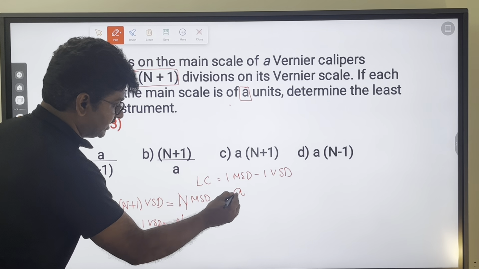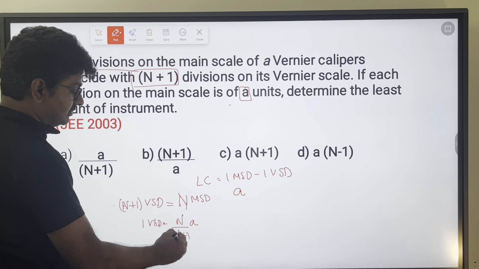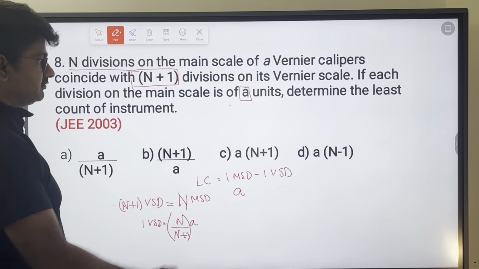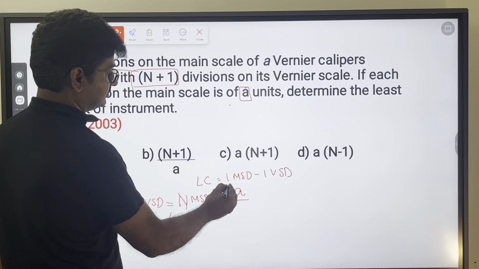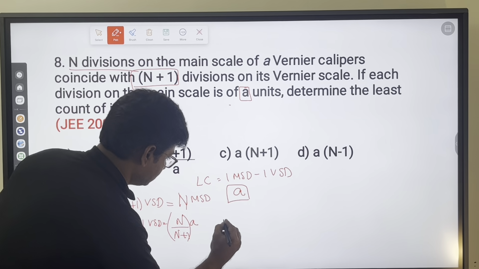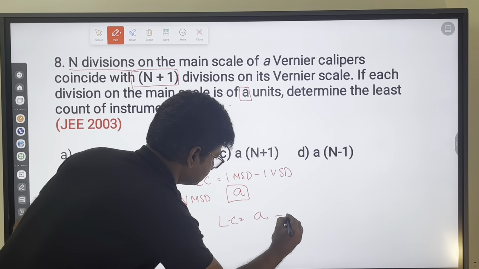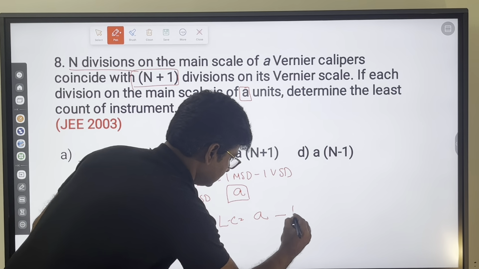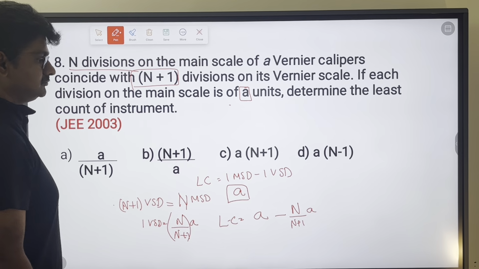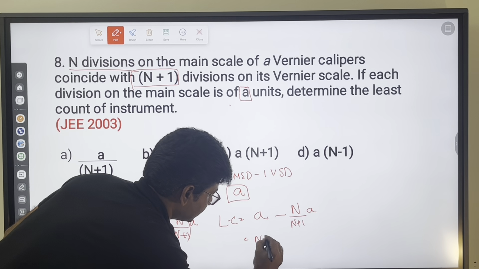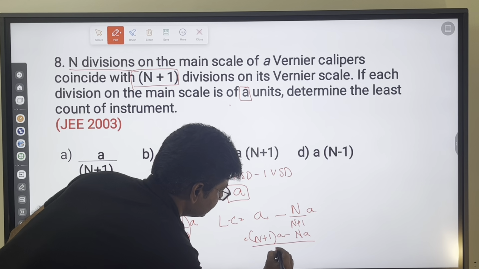What is main scale division? A units, right? So 1 VSD is equal to n by n plus 1 into A. What we need is least count. So we know what is MSD. 1 MSD is equal to A minus 1 VSD. Therefore least count is equal to A minus n by n plus 1 A. So this is equal to (n plus 1)A minus nA, by n plus 1.